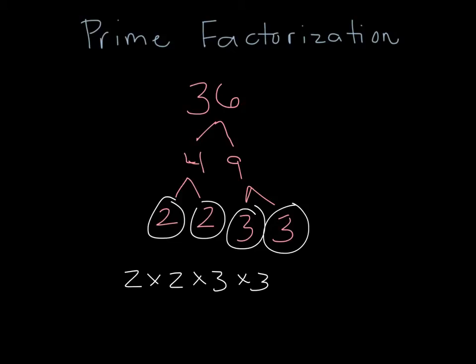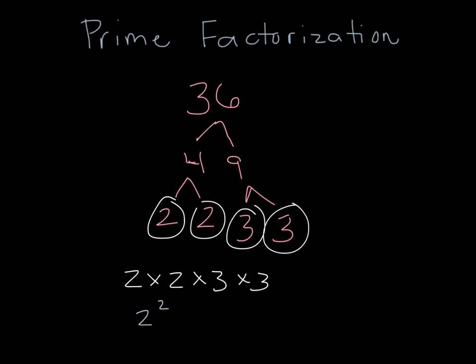Now, depending on what we've talked about already in class and when you watch this video, there's another way that you could rewrite this. 2 times 2 is the same thing as 2 squared. If you watch the video on exponents, you know that the little 2 up top doesn't mean 2 times 2, it means, well, in this case it actually does. It means 2 times this number, so 2 times 2.